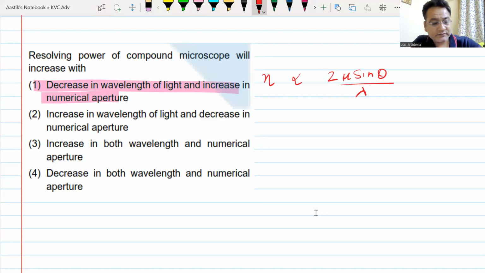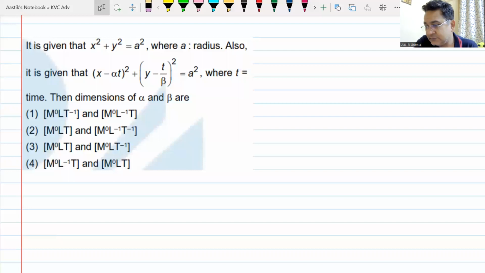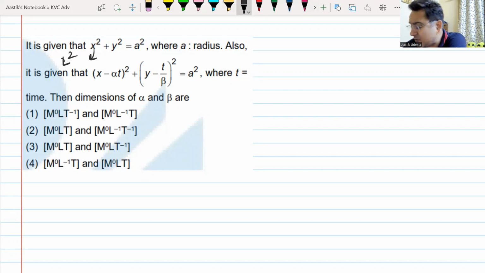This is the one from my favorite topic, units and dimensions. You have 2 minutes to give me the answer for this one. Option 1 is correct. The dimension of x is L, so x square is L square.